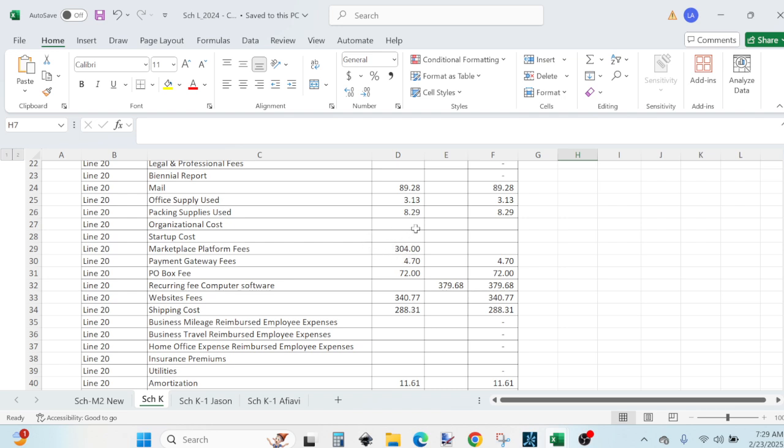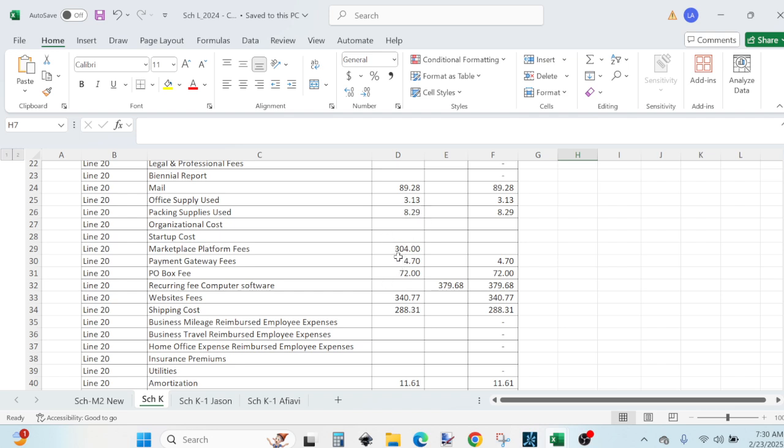If you have organizational costs that you didn't deduct in full the first year that you went in business, any leftovers that are amortizable will go in the amortization section. But I think even organizational costs and startup costs for the first year that you are allowed to deduct the full amount, I think up to a certain amount, it will go on line 20 as well. So I pretty much have a space for it.